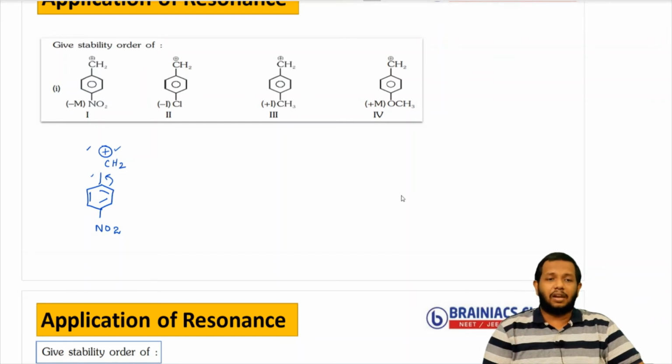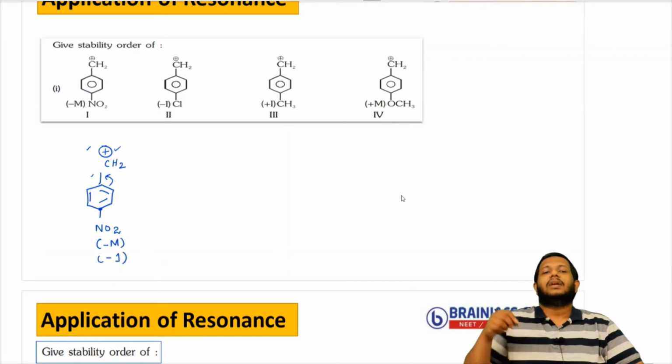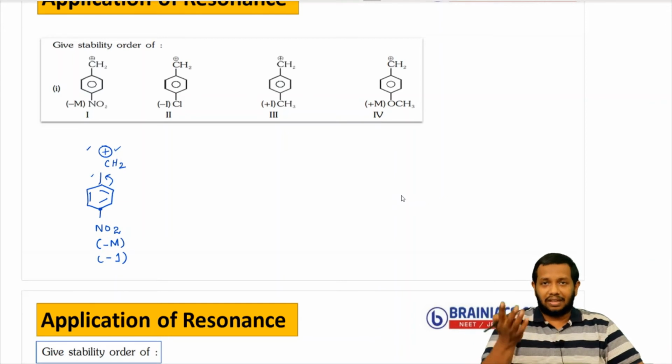Now when NO2 is present at the para position, what is happening? We know that NO2 will exhibit minus M effect. Also it will exhibit minus I effect. So what does that mean? NO2 exhibiting minus I effect means it will attract the electrons in this direction.